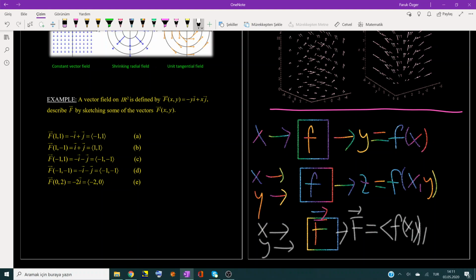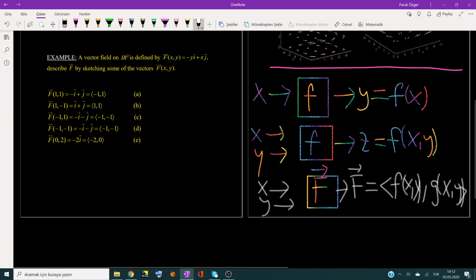And the second component is g of x, y. It's the idea of the vector field. A vector field generates functions of vectors. So let's look at this example.